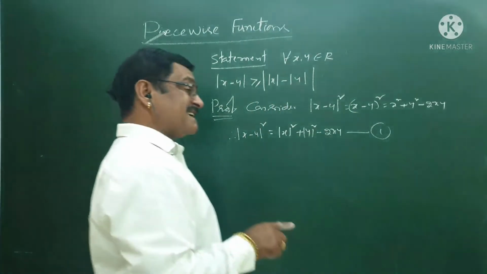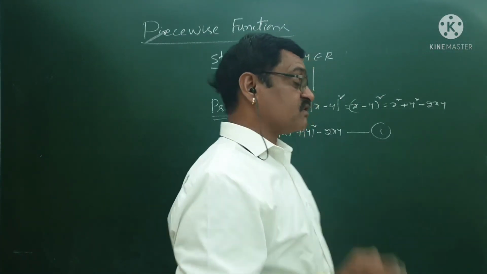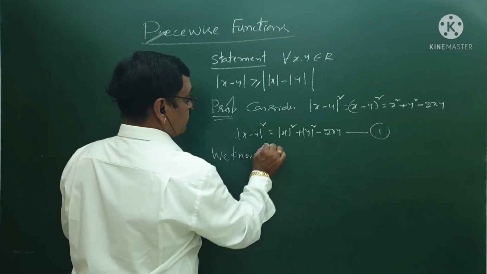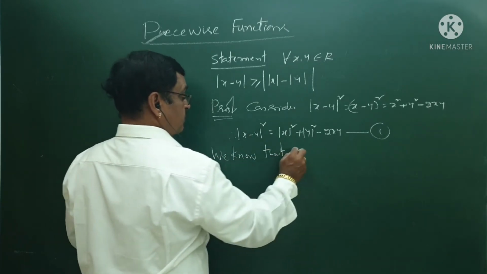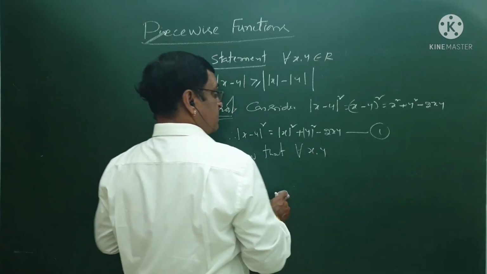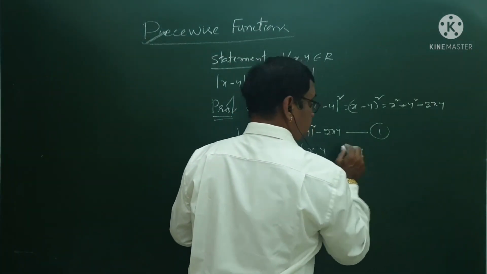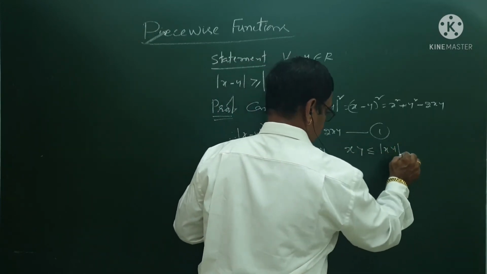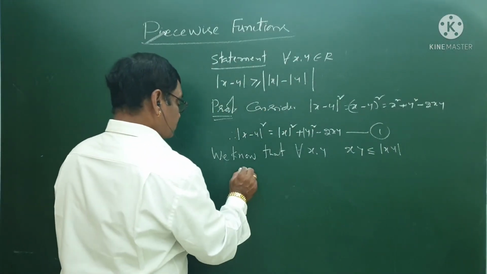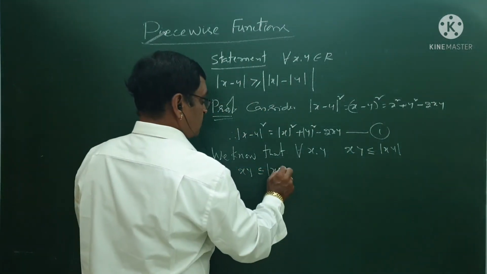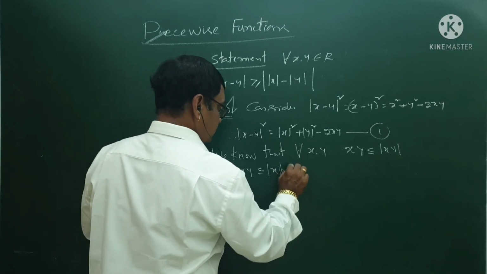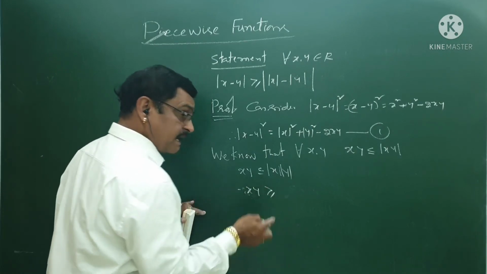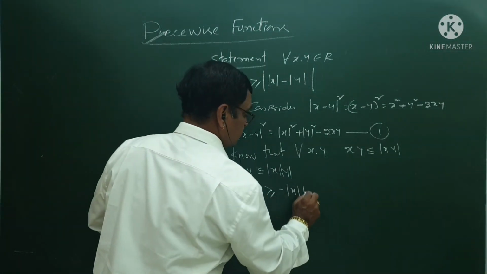Now I'm going to use the same identity which I used in the previous one. Look here, we know that for all x, y, xy is less than or equal to mod x times mod y, or minus xy is more than or equal to minus mod x mod y.